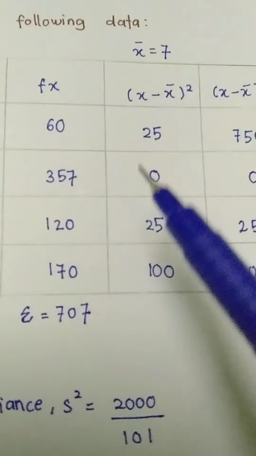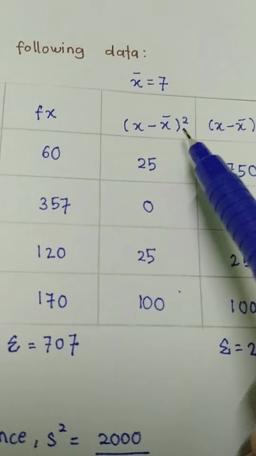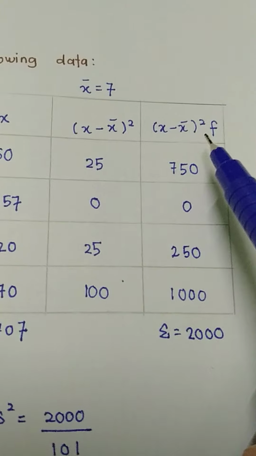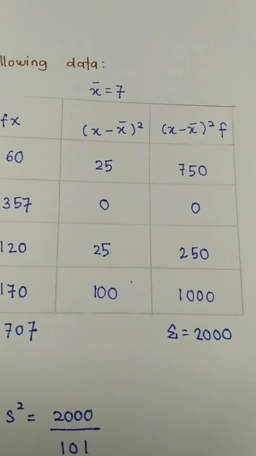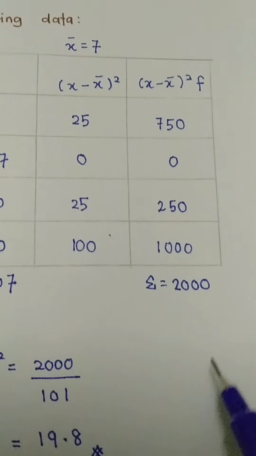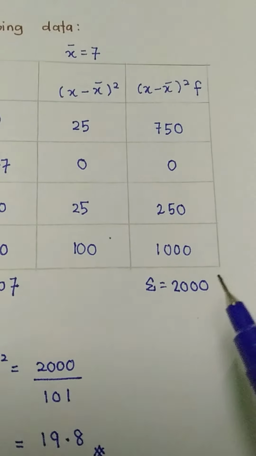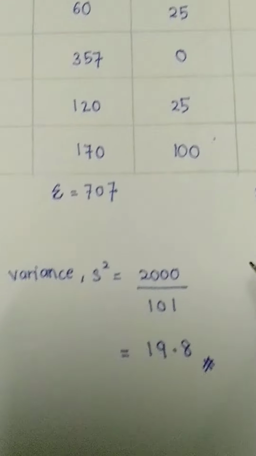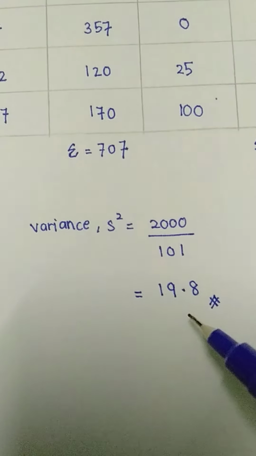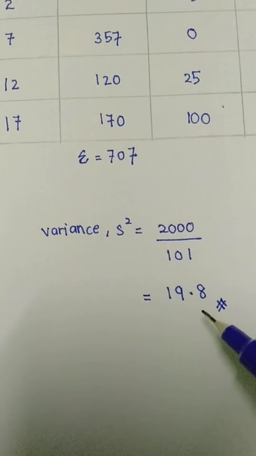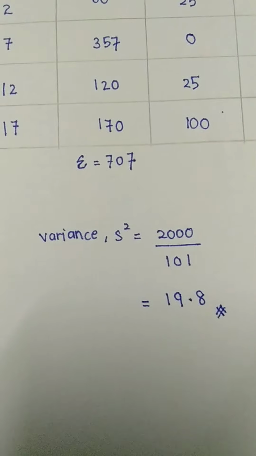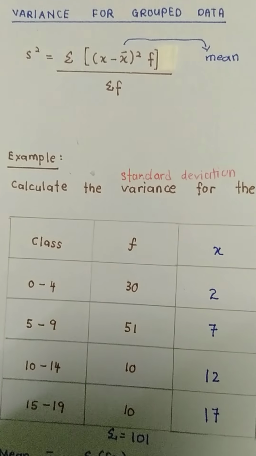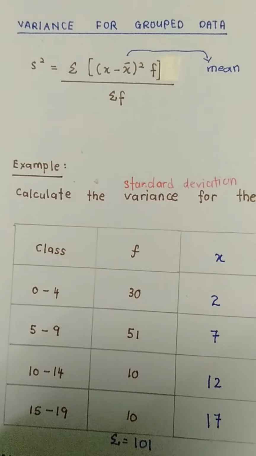First we find (x minus x bar) square, and then we multiply it with f, and we calculate the summation of (x minus x bar) square multiplied with f. So we get the variance is 19.8. Same as the variance for ungrouped data.